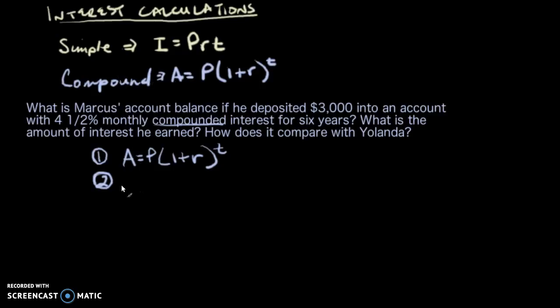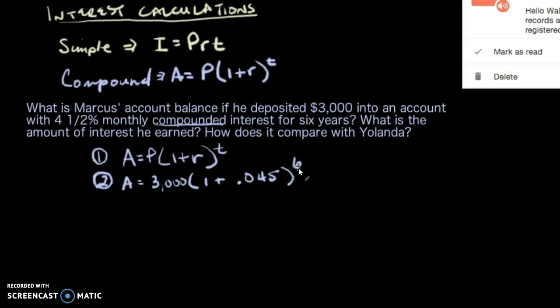And we just plug in what we know. We don't know what the new account balance is, but we do know what the original was, the principal, which was 3,000, times 1 plus the rate, which we calculated as being 0.045. Now here's the tricky part.